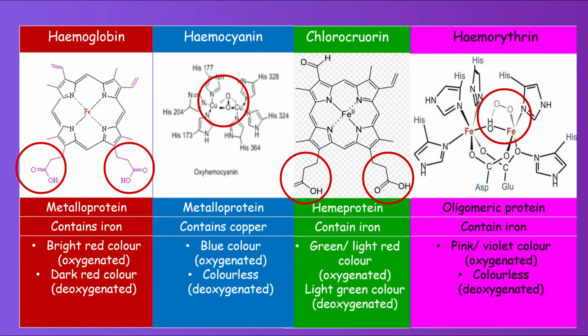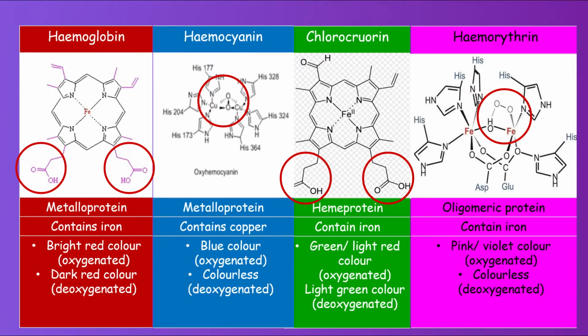All the main respiratory pigments show different colors in the oxygenated and deoxygenated states. Hemoglobin shows bright red when oxygenated and dark red when deoxygenated. For hemocyanin, oxygenated blood shows a blue color and it turns colorless when it has used up the oxygen.